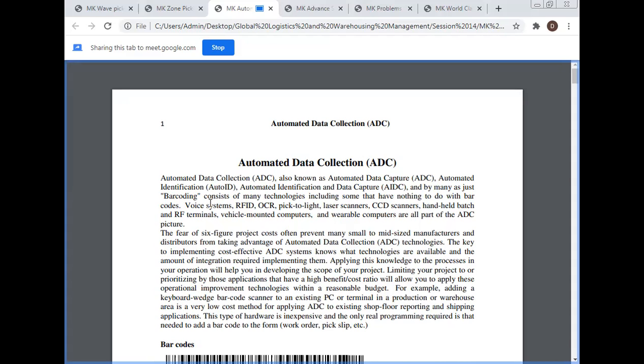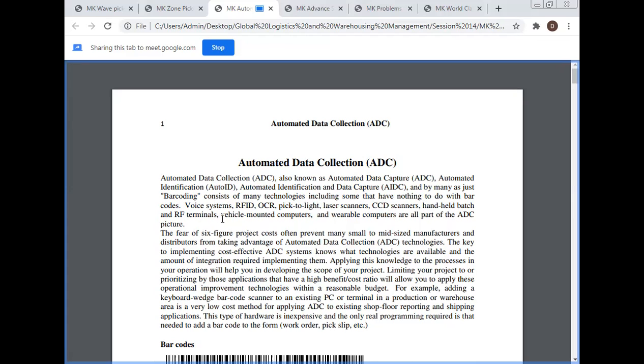You have seen a good example in your library, of how the books are issued and returned. This is a similar process to automated data collection. Barcoding consists of many technologies, including some that have nothing to do with barcodes.